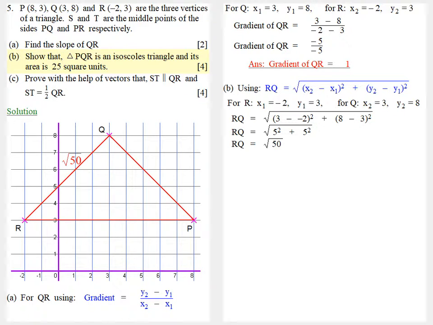Now for the length of PQ we have, for P, x1 is equal to 8 and y1 is equal to 3. For Q, x2 is equal to 3 and y2 is equal to 8.